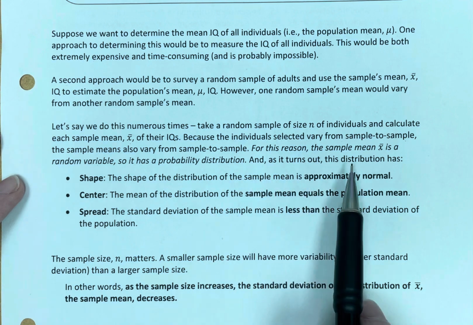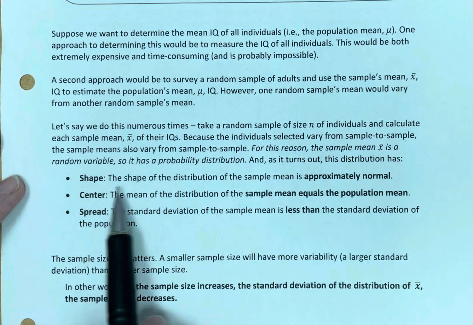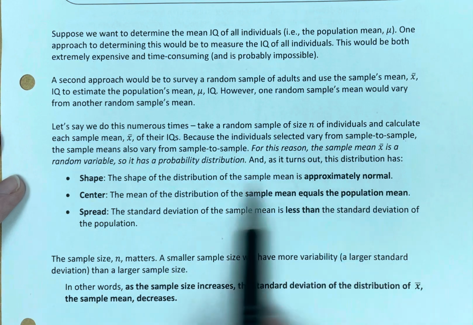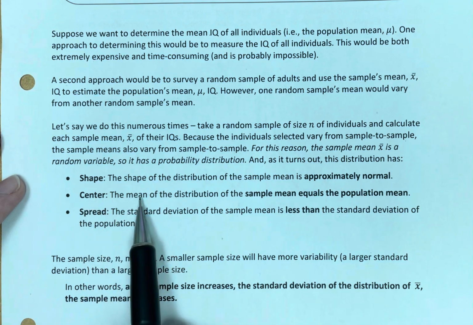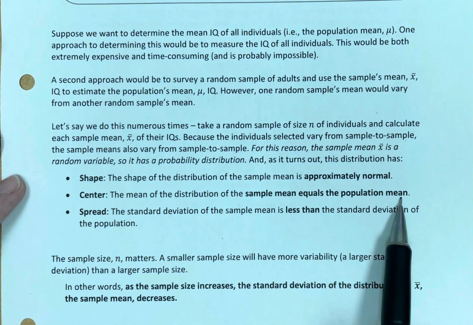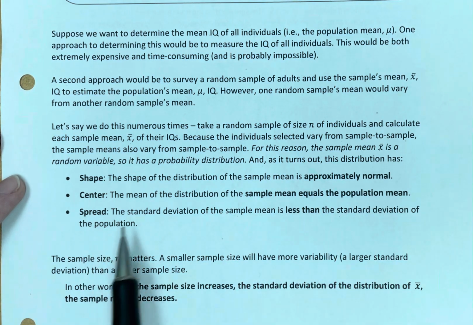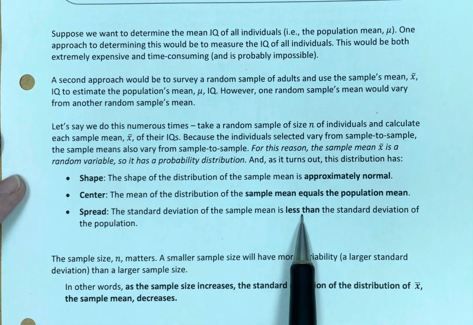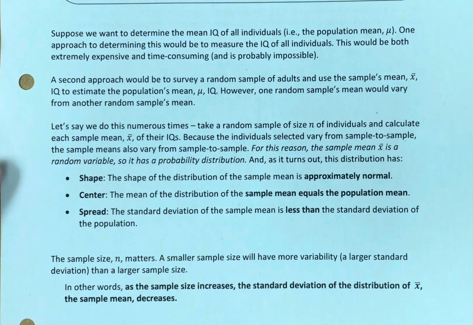And as it turns out, the distribution has shape. The shape of the distribution of the sample mean is approximately normal. It has center: the mean of the distribution of the sample mean equals the population mean. And it has spread: the standard deviation of the sample mean is going to be less than the standard deviation of the population.